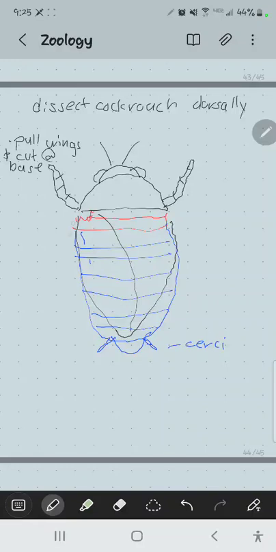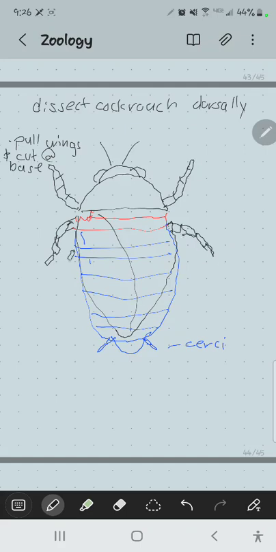Okay, so I think the best way to dissect these is to use scissors. If you go over here and dig around in our scissor bin, you'll find these really fine point, super delicate sharp point scissors.